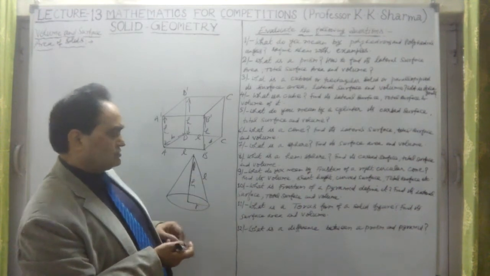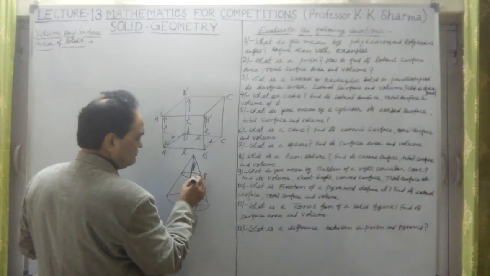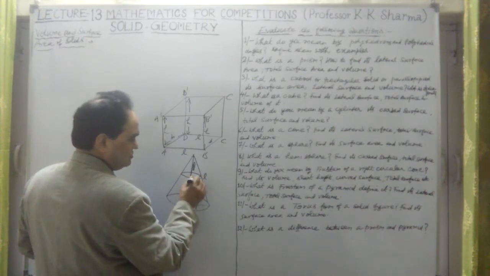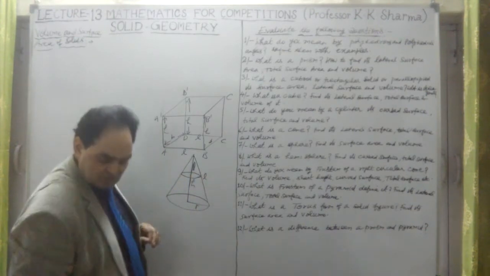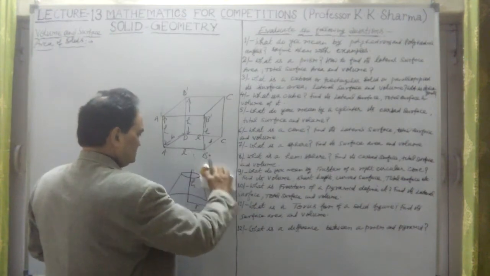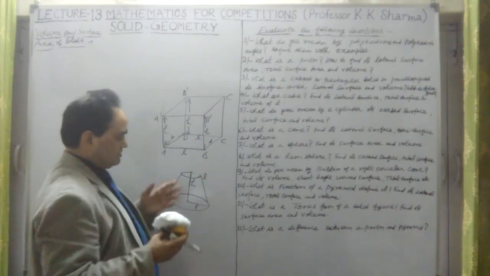So this is a cone here, and if I cut it from above, this kind of figure will be left. This is a bucket shape. In usual houses, the best example is the bucket. The above part, if I cut it, is known as a truncated cone.